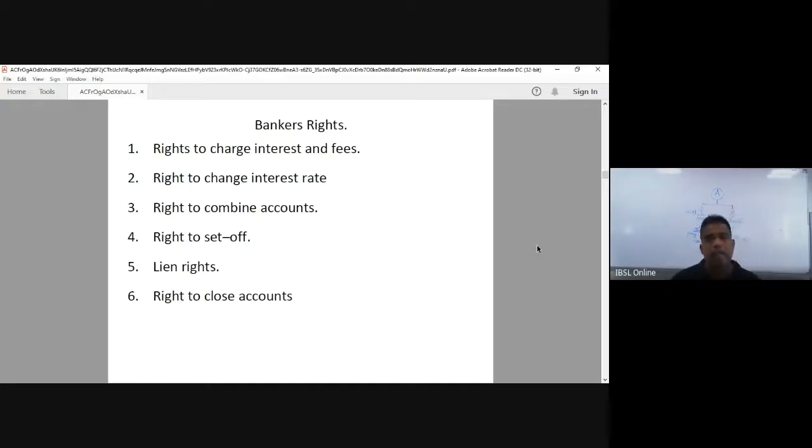The lien right. The bank has a lien right. What does it mean? It is again an unwritten implied right of the bank under the banker-customer relationship.